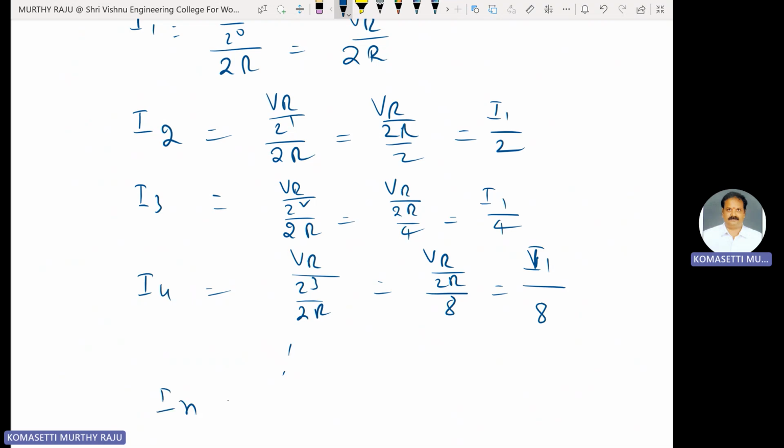IN is equal to VR by 2 power n minus 1 by 2R. That is equal to VR by 2R by 2 power n minus 1. VR by 2R is I1 by 2 power n minus 1. Therefore, find out output voltage V naught.